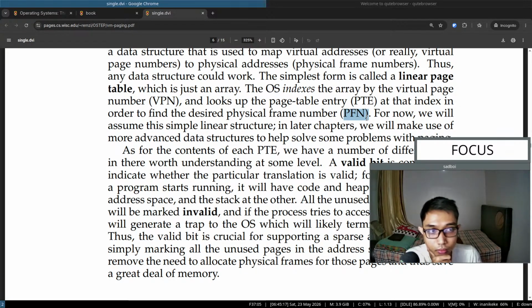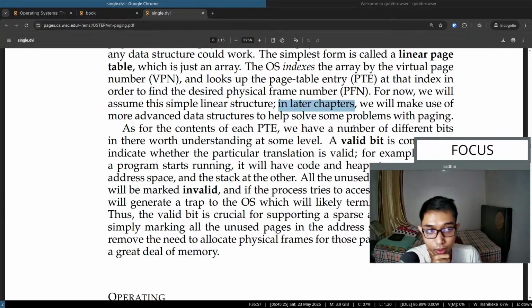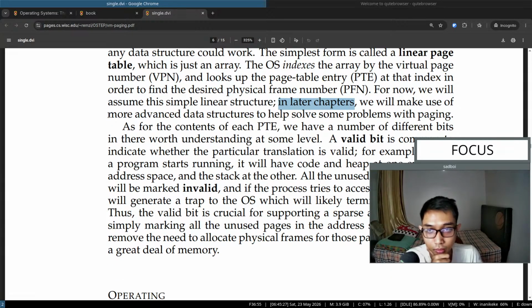For now, we will assume this simple linear structure. In a later chapter, we will make use of more advanced data structure to help solve some problem with patching.